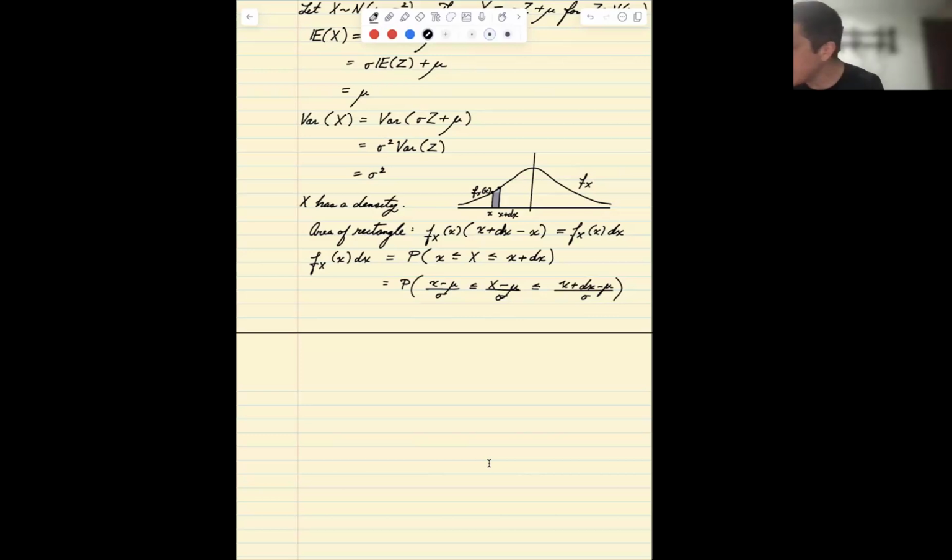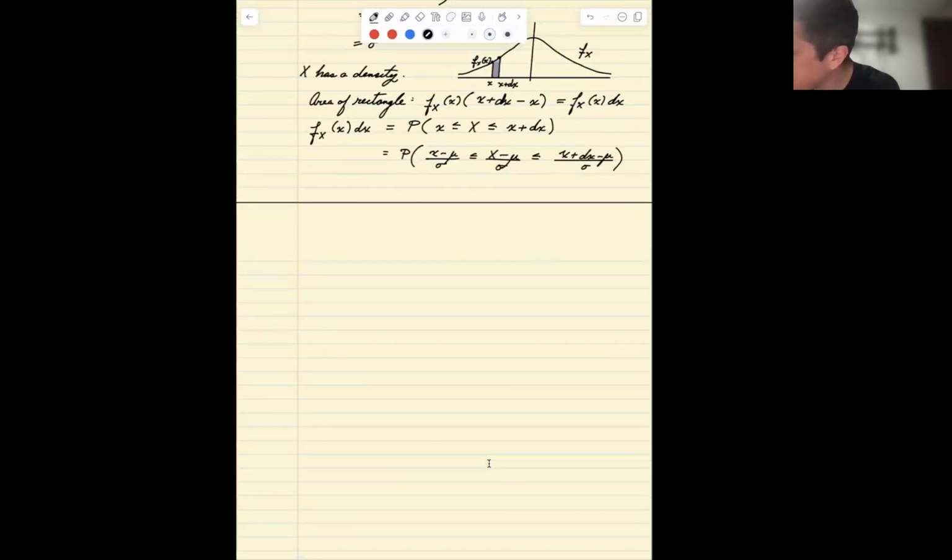Now we know that x minus mu over sigma is the standard normal. And here we are at x minus mu over sigma plus dx over sigma.